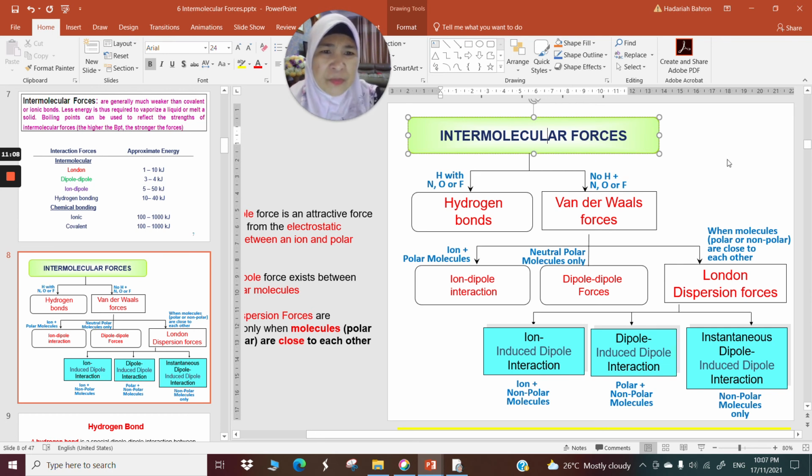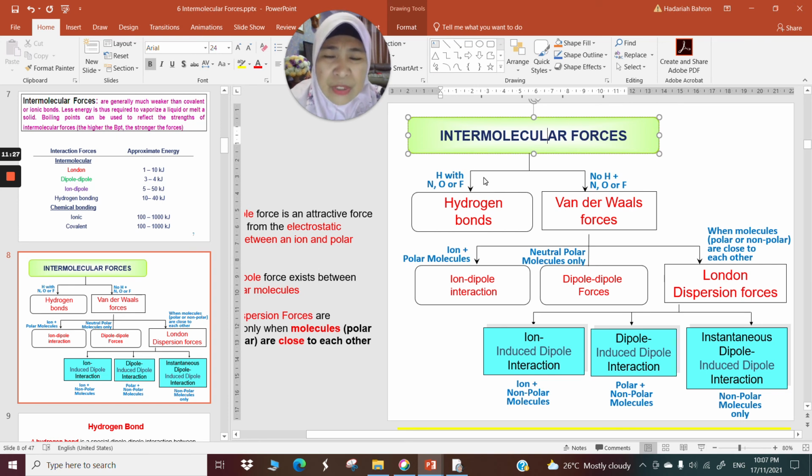Now, when we talk about molecules, which can be polar or non-polar, there are two big divisions between the forces that act between those molecules.